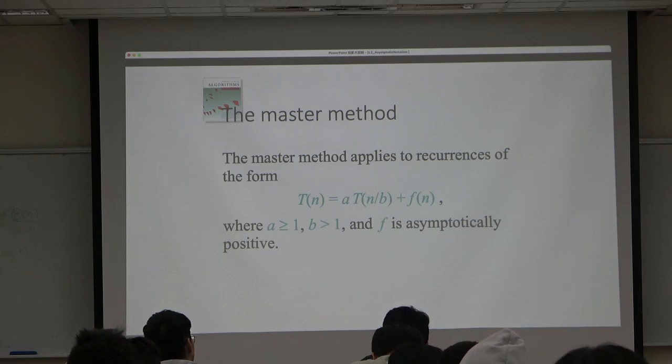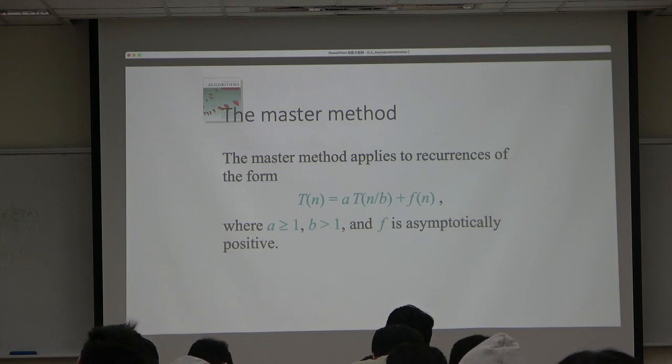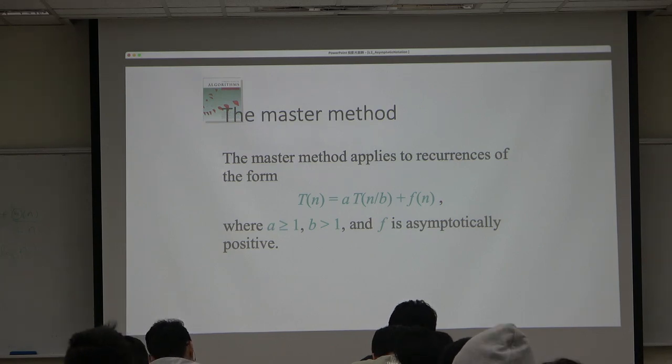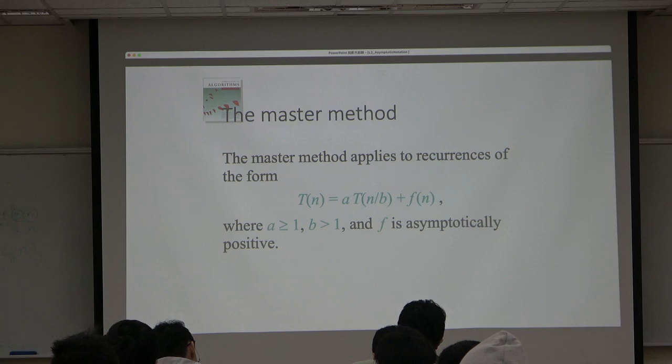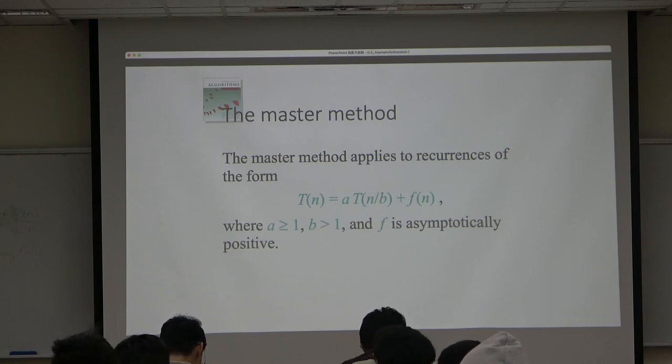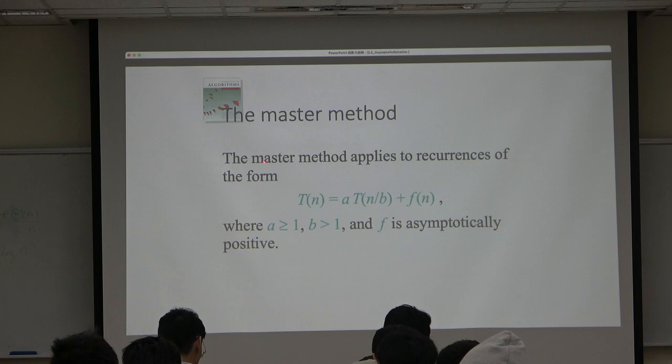It's more like a formula to plug into. It just gives you this format: if your recurrence relation is this shape, then you can directly apply the master method to get the tight bound.